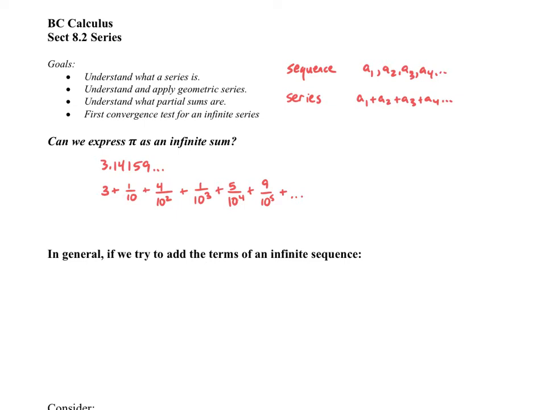Now, in general, if we're trying to add the terms of an infinite sequence, remember our sequence has this list of terms. If we were to instead look at the sum of those terms, we may want to write this in a slightly different notation. For instance, we're going to use sigma a lot, where we have, for example, n starting at 1. n doesn't need to start at 1. It can start at 0 or 2 or 7 or whatever.